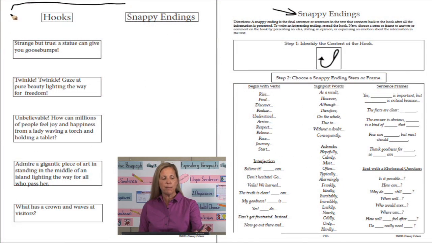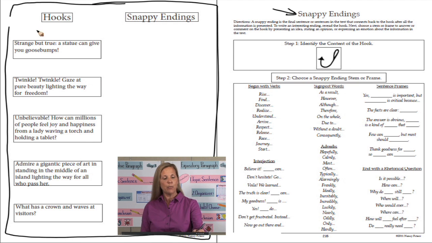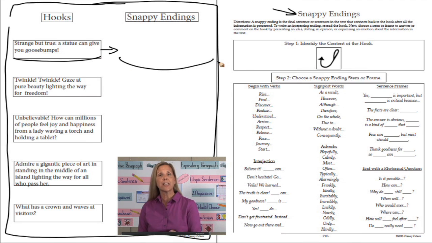Notice on this facing page, this was the blank piece of paper that you had, and I recorded all of the different hooks that we just made. I put them here so that I could show you, you want to put an arrow and connect whatever the hook is that you created to that snappy ending. So that's why when you look at your snappy ending page, you'll notice it says, go back and look at your hook. What was your hook?